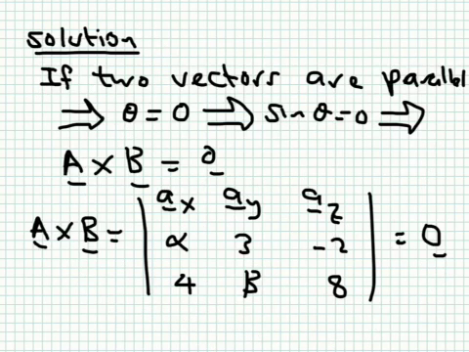If you do the cross product between a and b, and you set it equal to the 0 vector, because these two are parallel, you put the vector a in the second row as shown here of the determinant. You put vector b in the third row of the determinant, and then you expand the determinant. This will give you 3 components. And then you equate every component to 0, because remember the right hand side is the 0 vector, so it's 0ax, 0ay, plus 0az.